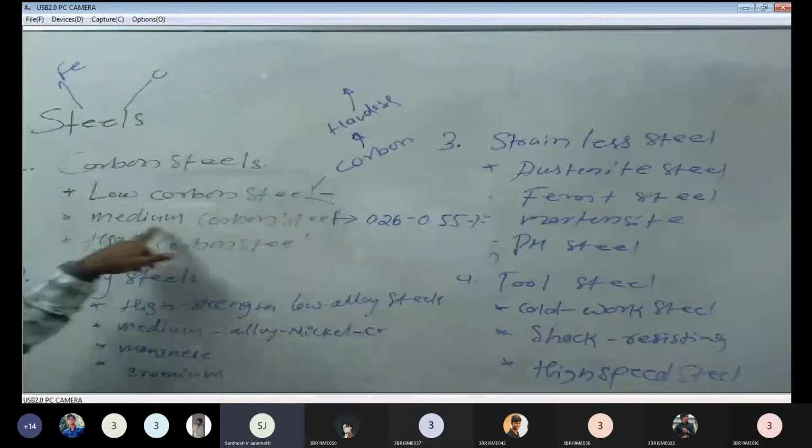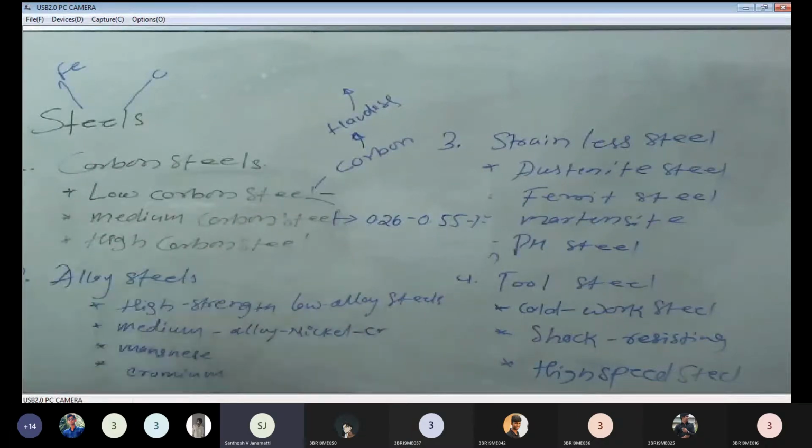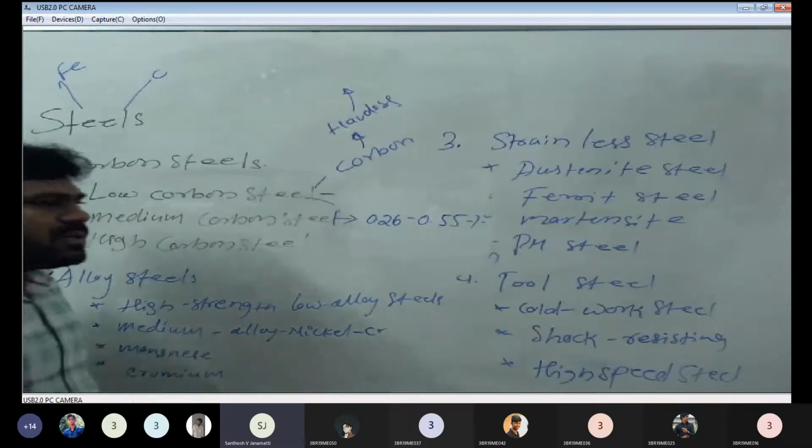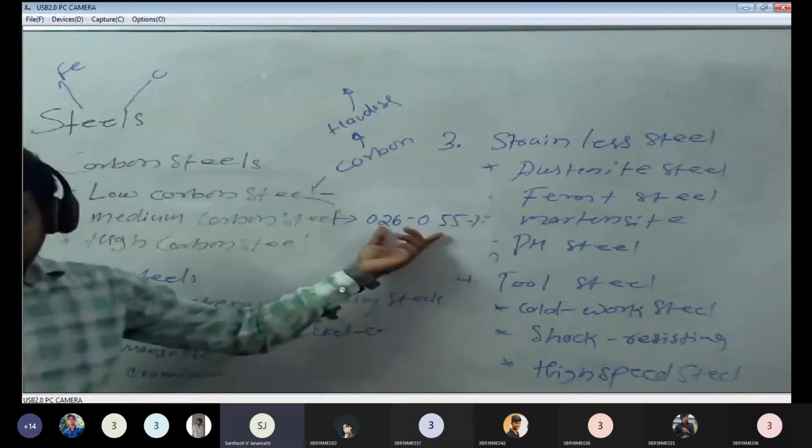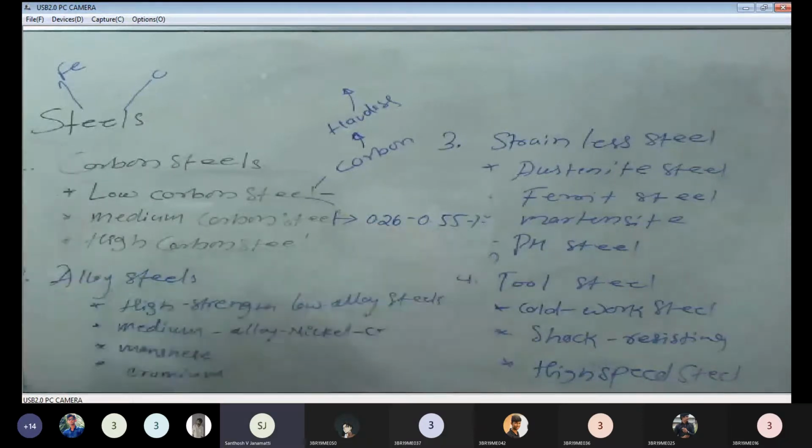That becomes medium carbon steel. If you find in a particular steel a carbon content in this range, you can say it is a medium carbon steel.